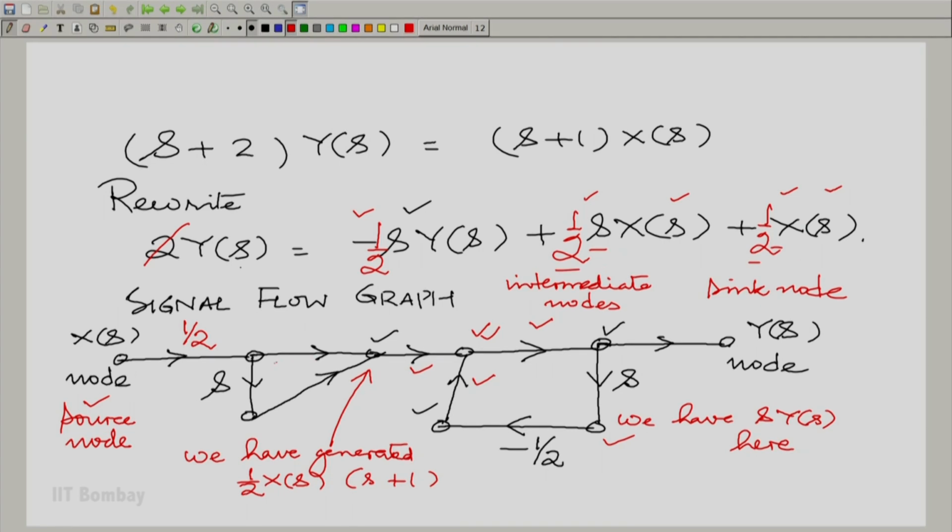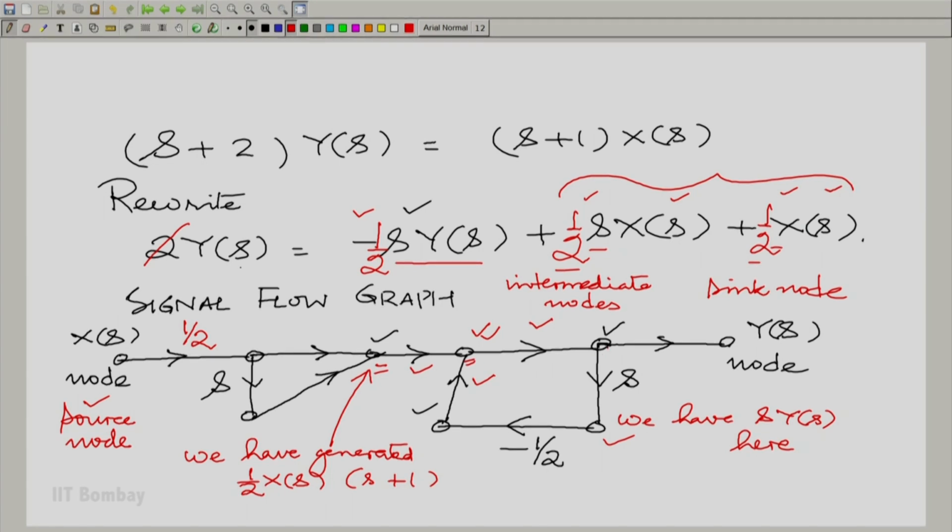You have essentially multiplied that by s plus 1, and that brings you here. Then that has taken care of this term, and then you have ys, assume it has been generated here. You multiply it by s, so it takes care of this, and then you multiply it by minus half, and then that is added to this. So, you have this node, and finally, that node is the same as ys. So, you bring it here.